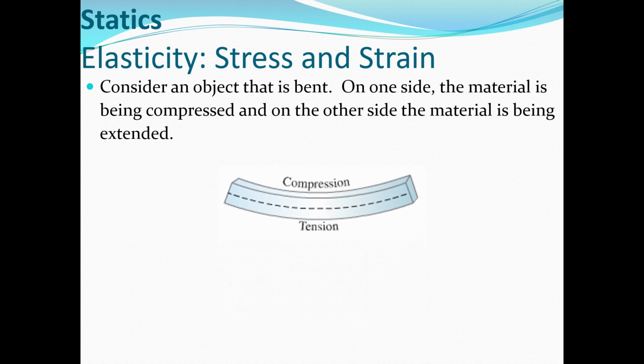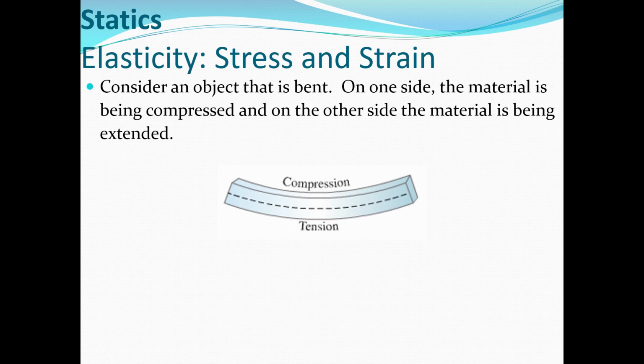Now this is actually an interesting thing to think of. Imagine a beam, or better yet, since I think everyone's probably done it at least once, one of those cheap rubber combs, and you take it and you bend it. There is actually two different types of stresses going on. There's a compression stress and a tension stress. It's actually interesting to think about how those two are going to be different for this object.